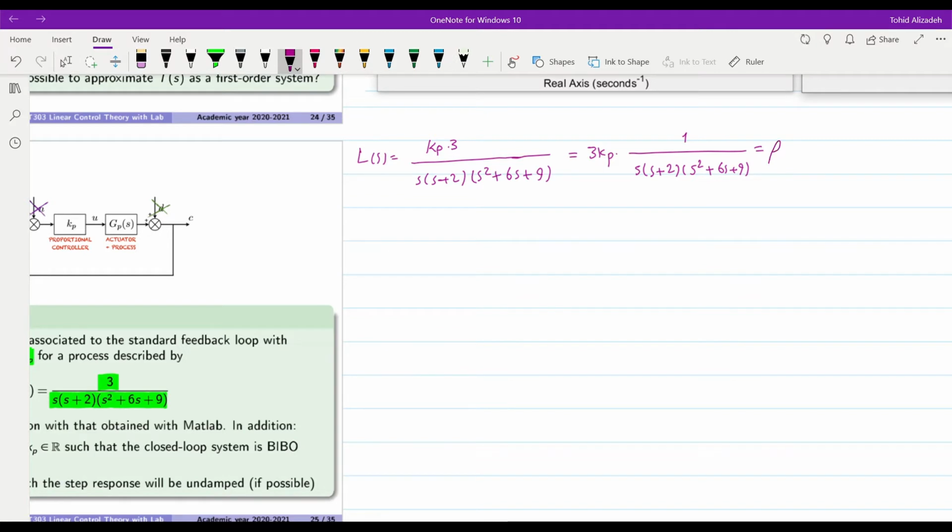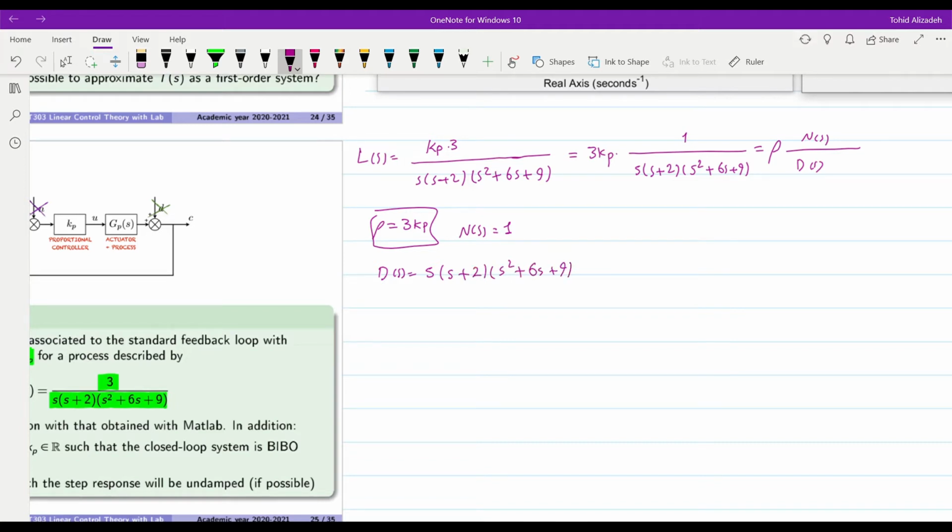And we take it as rho n over d, where we have rho equal to 3 times kp, n is equal to 1, and d is equal to s times s plus 2 times s squared plus 6s plus 9.